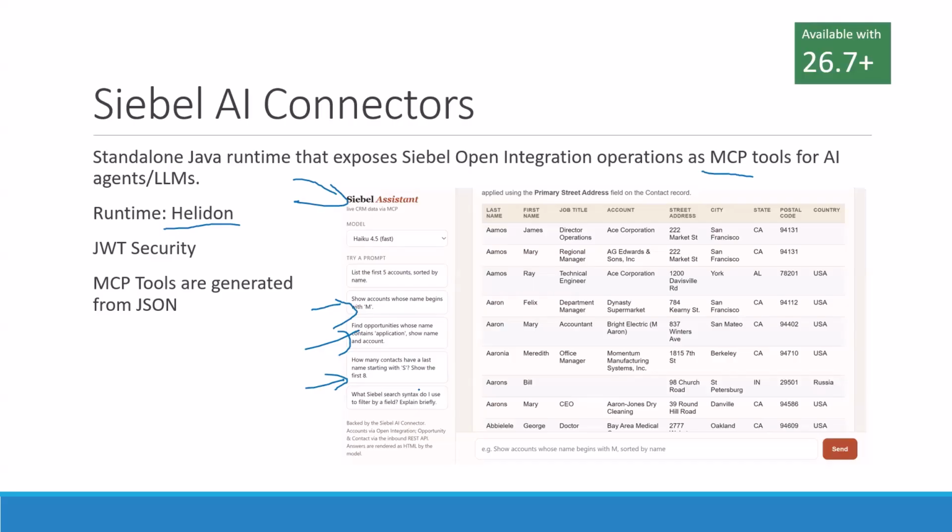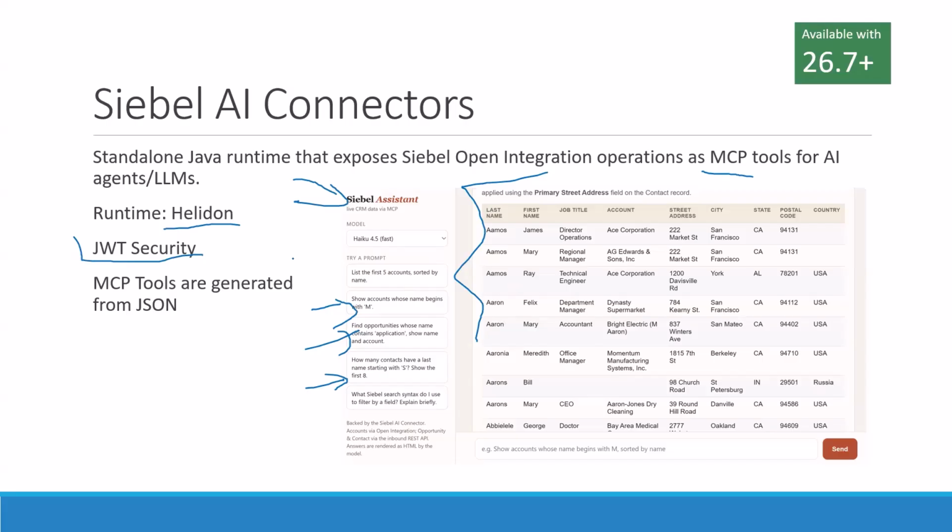So it must always be the real authenticated user that uses a different interface, maybe a chat interface, web chat, or Claude Code or Codex, to use that MCP server to access Siebel data. And that's real Siebel data you see here in that list. So the security is the first and most important aspect. That is the data security.